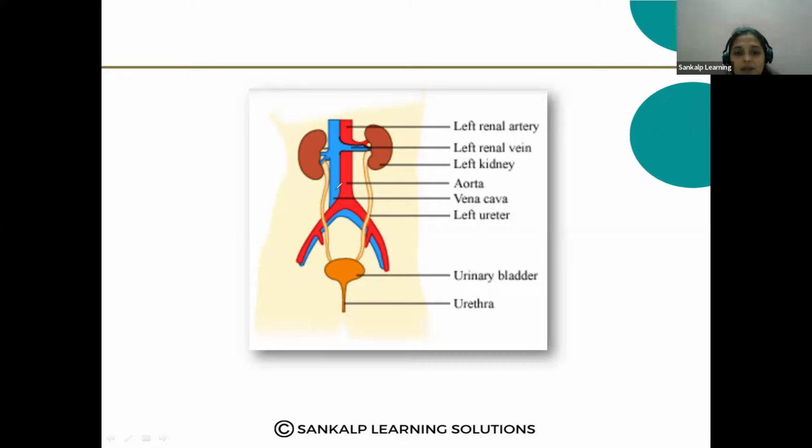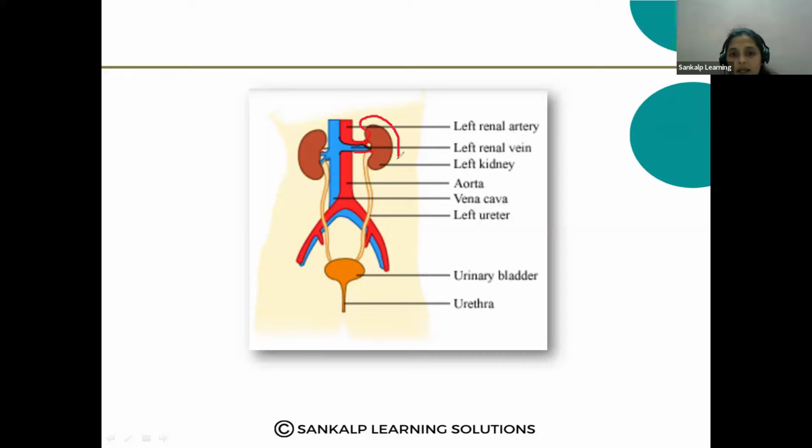The vena cava carries the deoxygenated blood from the kidney to the heart, and the red color represents the aorta, which enters into the kidney by the structure called the renal artery. So these renal arteries carry the oxygenated blood to the kidney.